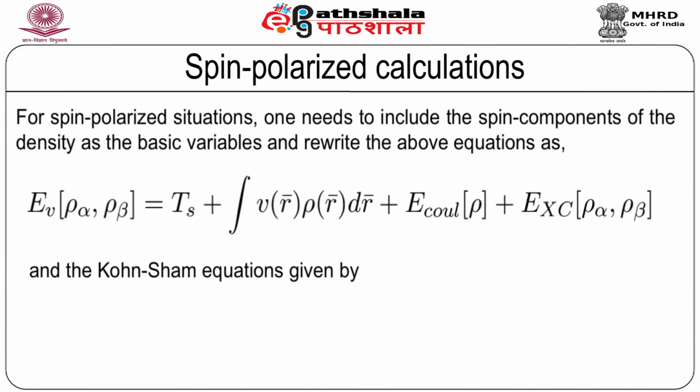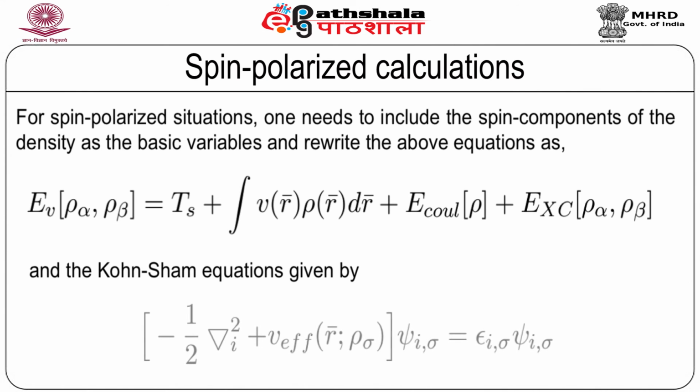And the Kohn-Sham equations are given by minus half del i squared plus V effective, where the V effective depends on the density, which has the suffix sigma, where sigma is the spin index, which can be either up or down, times the wave function psi, which also bears the spin index sigma, is equal to epsilon i, these energies also depending on the spin index sigma, times psi i sigma.